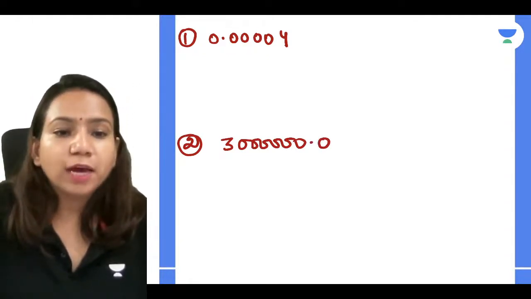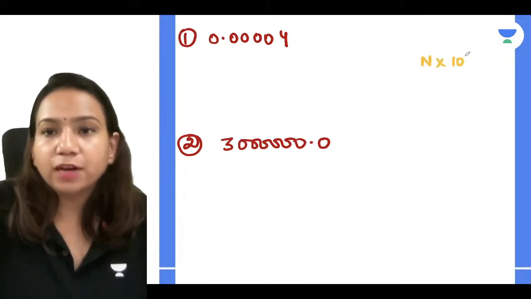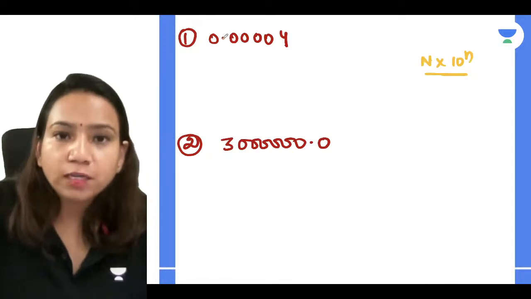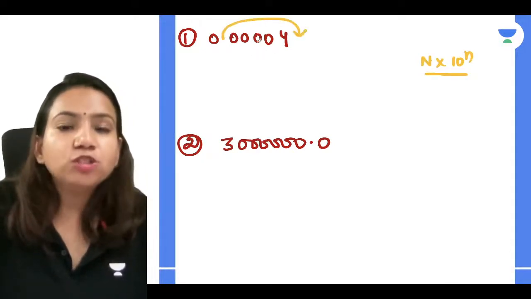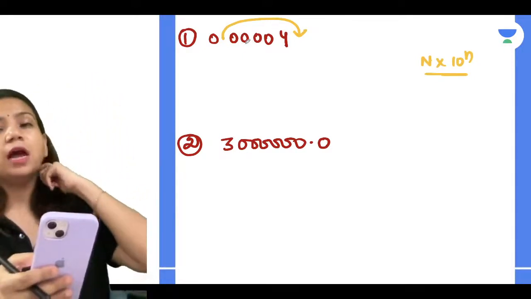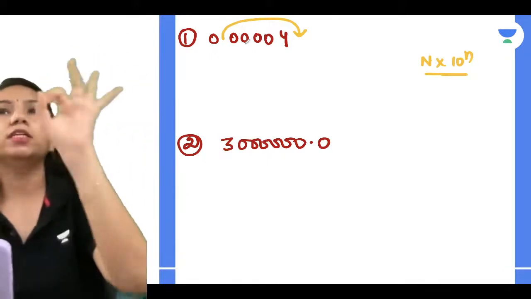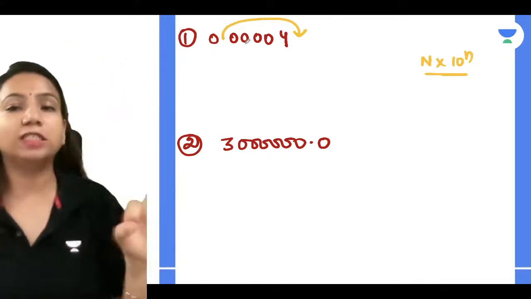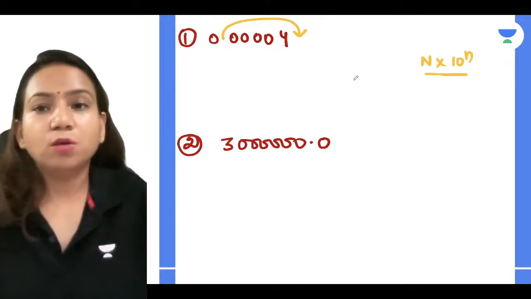Now, to get the N into 10 to the power n form, you have to shift the point to the right hand side. When you shift the point, always remember the shifting is opposite to the number line, in the sign which you are going to get.